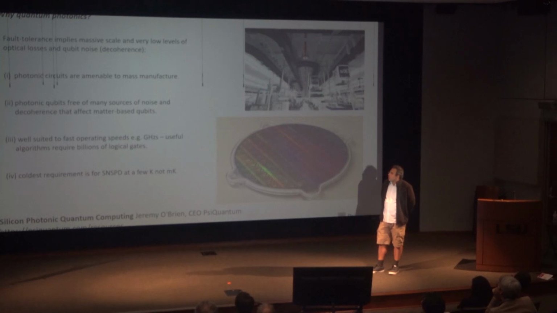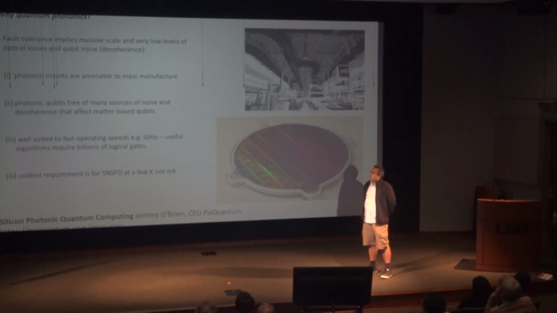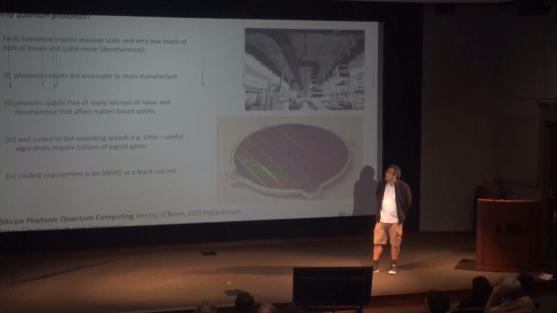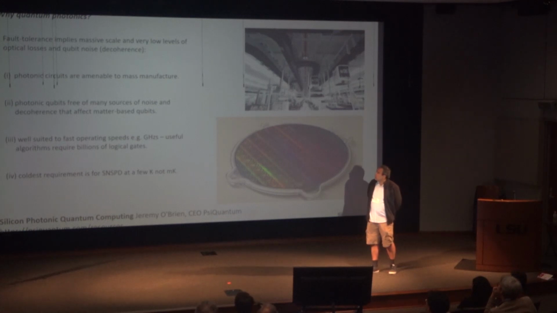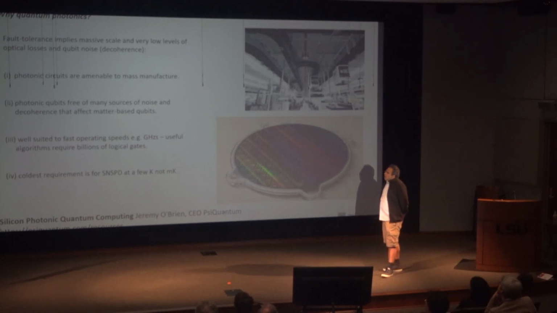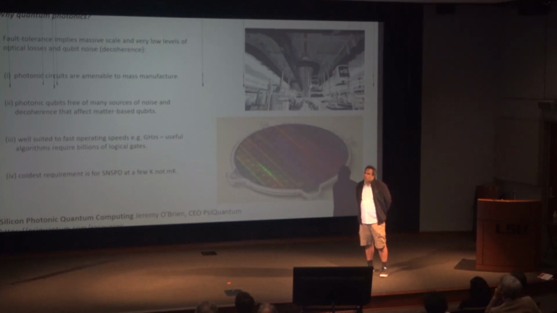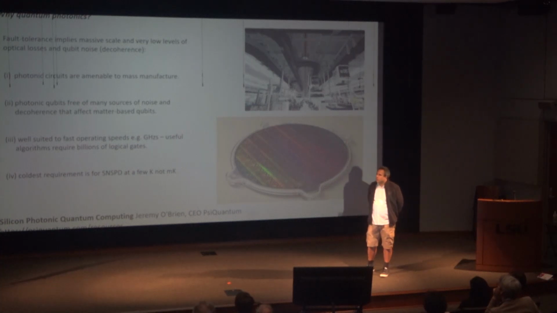So one aspect is in terms of circuits. We can implement waveguide circuits that are amenable to mass manufacture. We've partnered with Global Foundries. It's a tier 1 foundry. Another advantage of photonic qubits is that they're free of many of the noise and decoherence issues that affect matter-based qubits, trapped ions and so on.